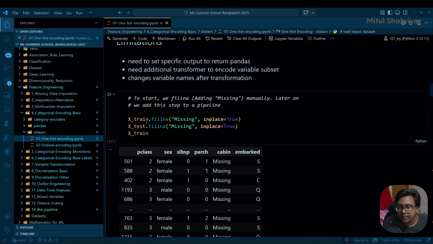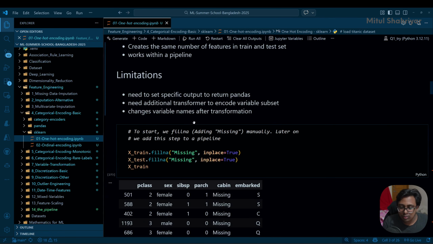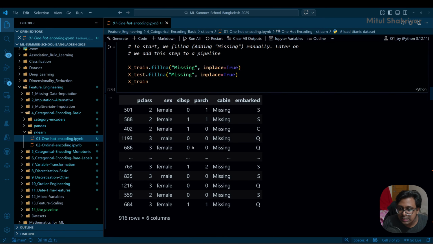So for the X training data, the 916 rows, if we have any missing data in a column, we'll replace it with the word "missing". For the test data, same. We're using the imputation technique.